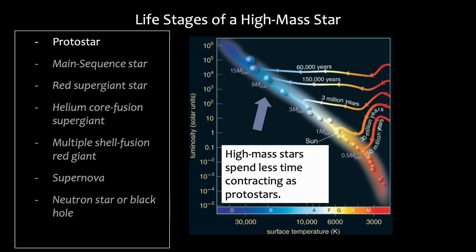If you look at this very massive star right here, 15 solar mass, its life is around 60,000 years. Very, very short. The stronger gravity draws in the molecular cloud material much faster, significantly reducing the time to go through the protostar stage.